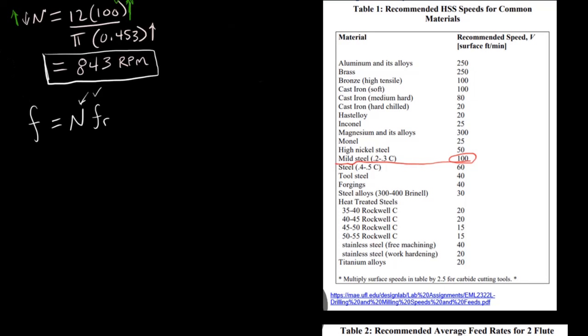Okay, so going back to, just going to change my pen color again. So this equals 843 RPM times 0.007 inches per revolution. So the revolutions cancel, and you're left with inches per minute for your units. So let's just calculate this now.